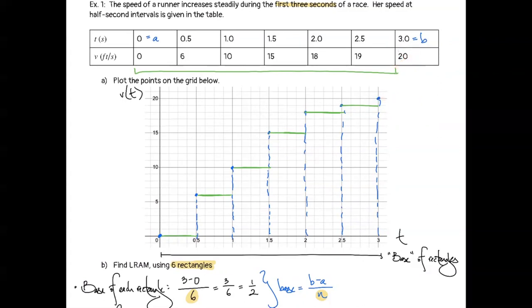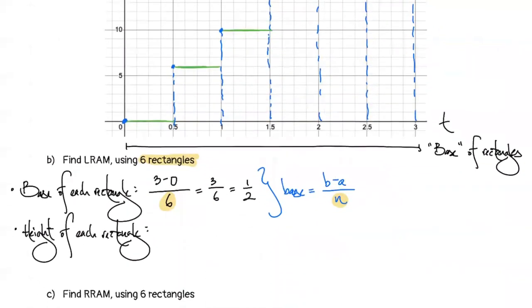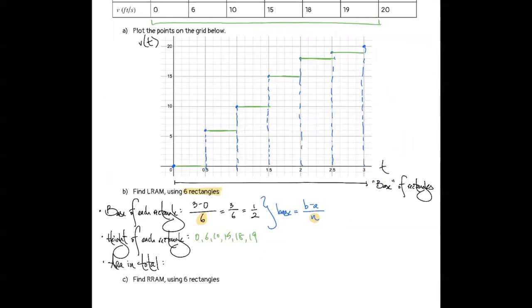And so if I asked us to find the area of 0, 6, 10, 15, 18, 19, if I asked us to find the area of all of these rectangles, we could write it one of two ways.